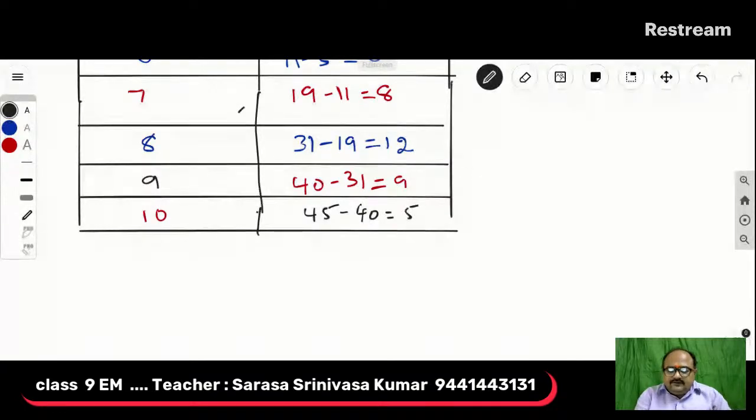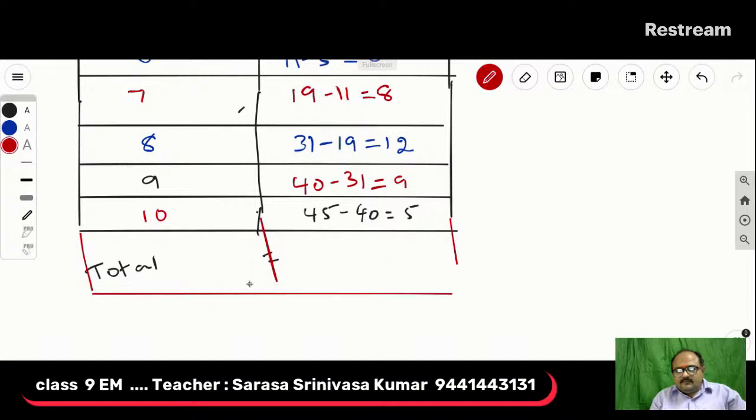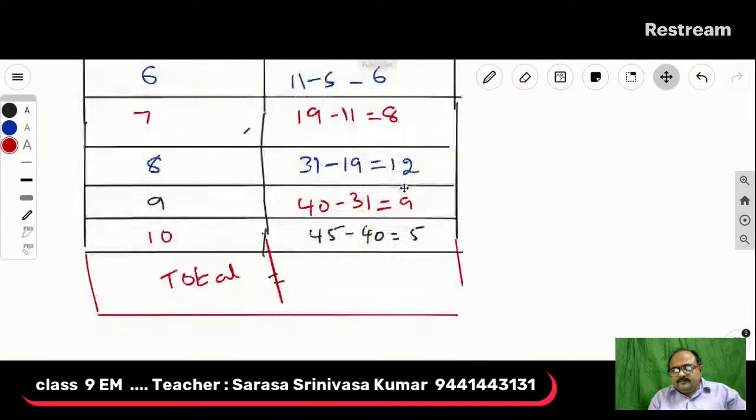Let us add all these frequencies. If we add all these frequencies, the total number of students should be 45.